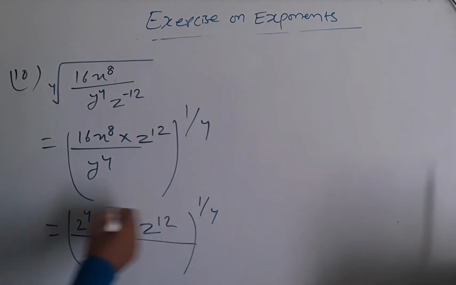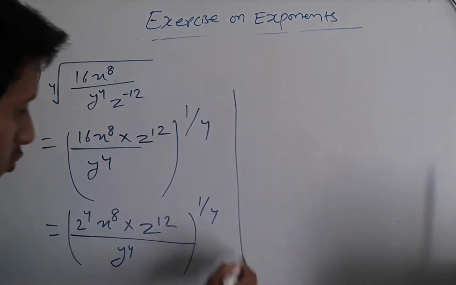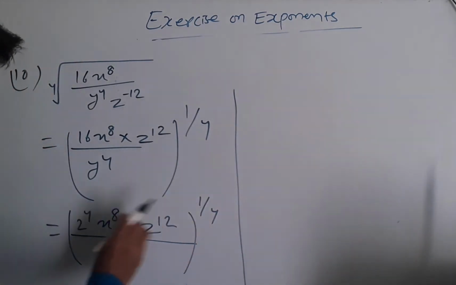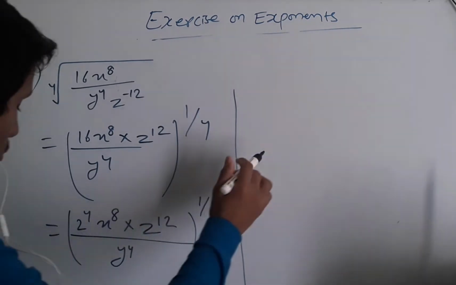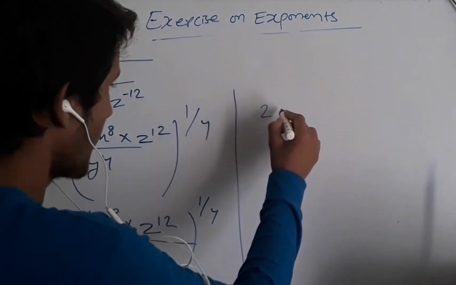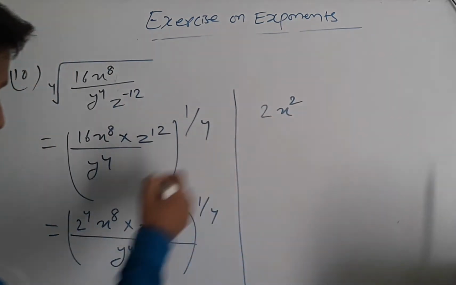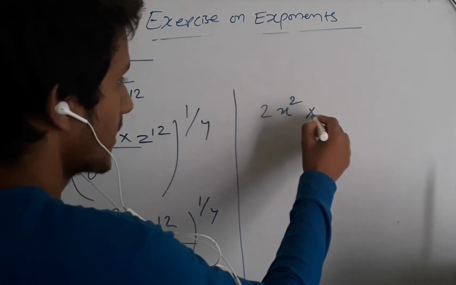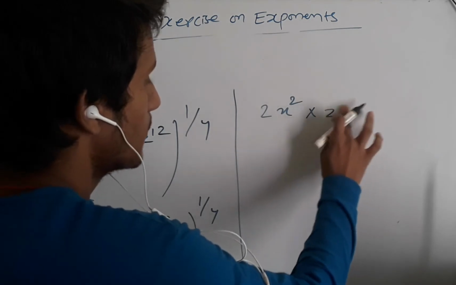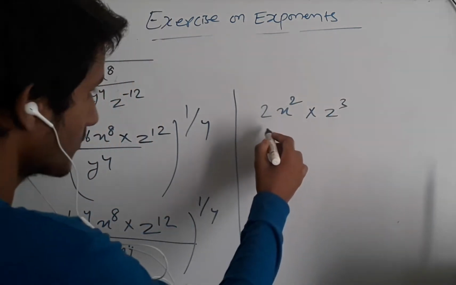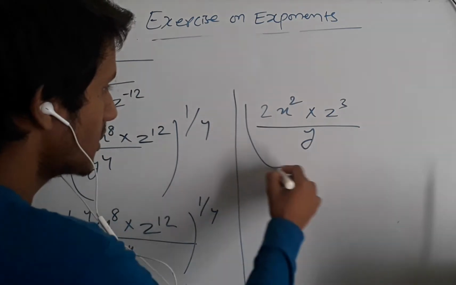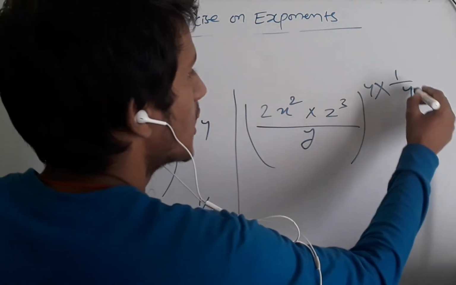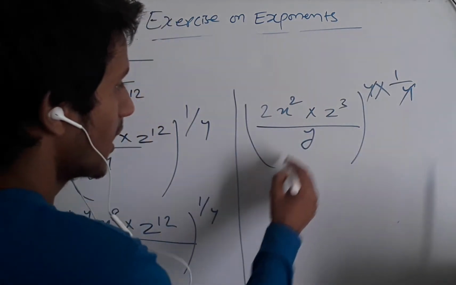We're going to take out 4 from all the exponents. So this will be 2 and x squared, because 4 times 2 is 8, z to the power 3 divided by y, because we have taken the 4 out of them, times 1/4, and this 4 gets cancelled.